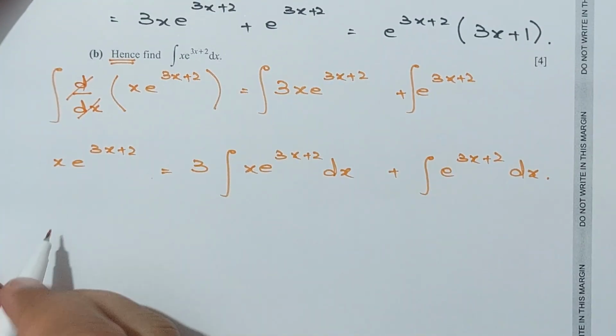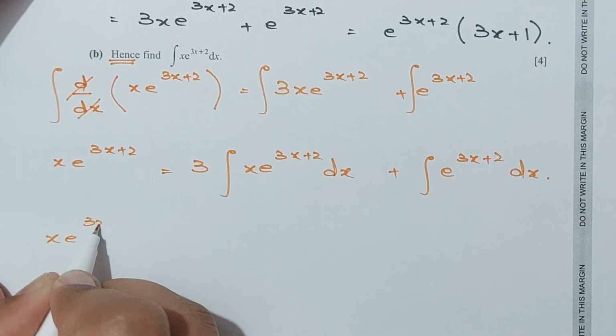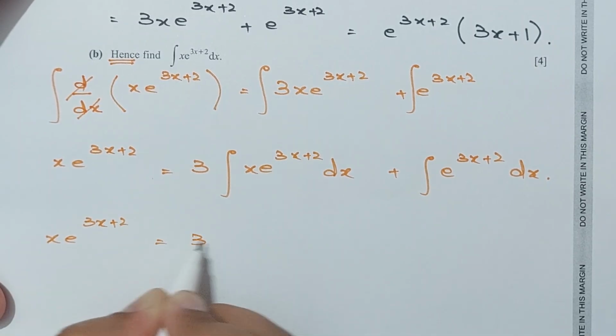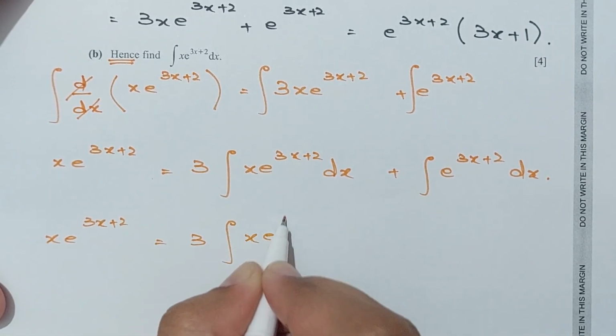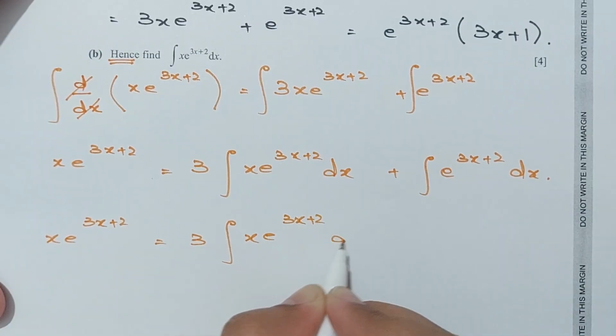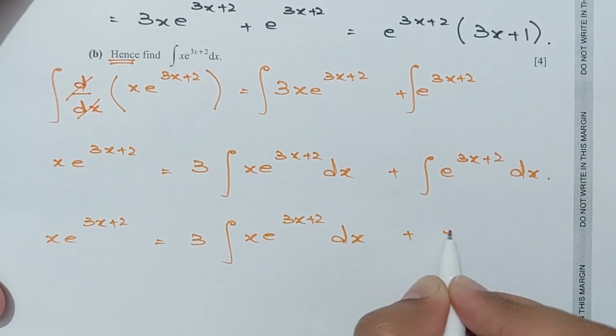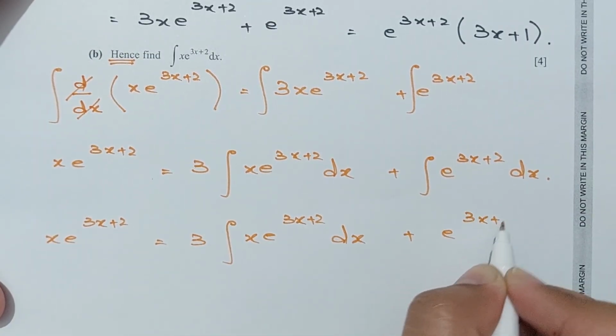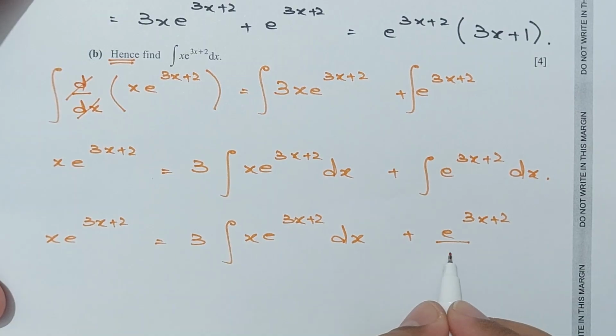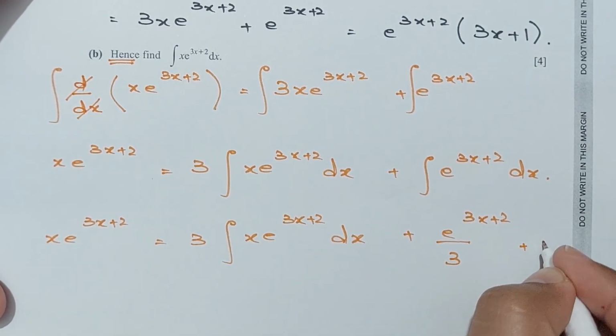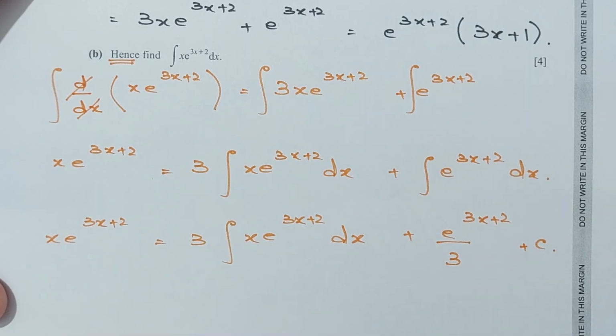The integration of an exponential is that exponential over its derivative in the denominator, plus some constant of integration.